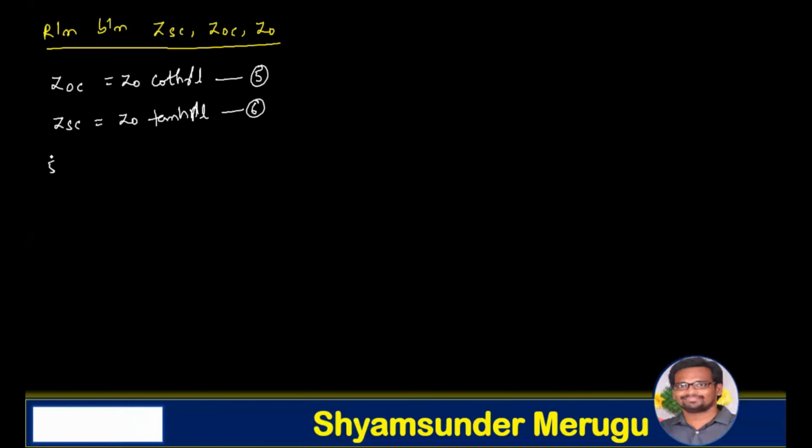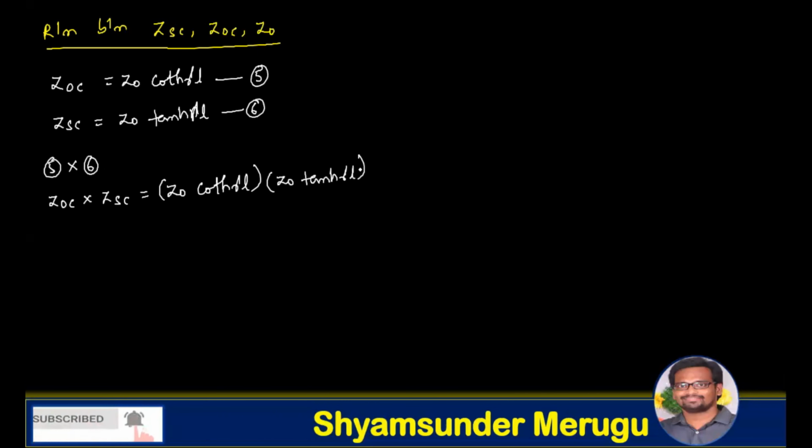Now we multiply equations 5 and 6. We get ZOC into ZSC equals Z0 coth gamma l multiplied by Z0 tanh gamma l.